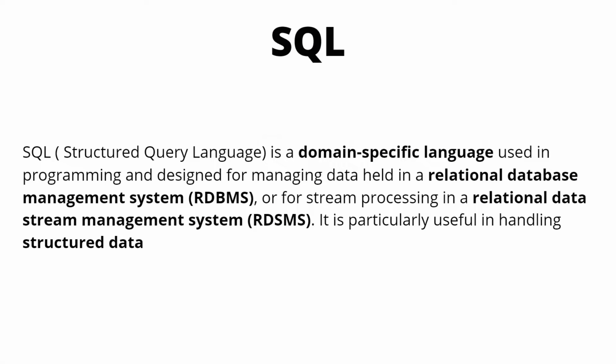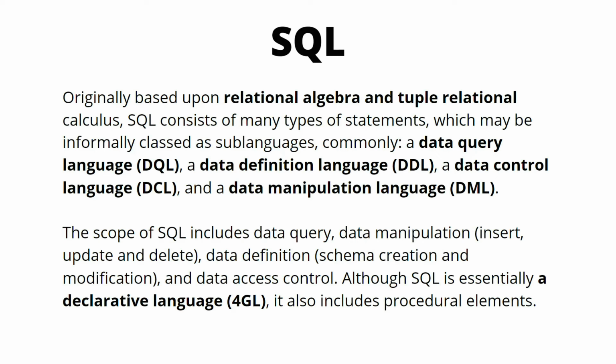The first thing, when you Google SQL, the Wikipedia definition says that SQL, structured query language, is the domain specific language used in programming and designed for managing data held in a relational database management system, and for stream processing in a relational data stream management system, which is RDBMS. It is particularly useful in handling structured data, and it is originally based upon relational algebra and tuple relational calculus.